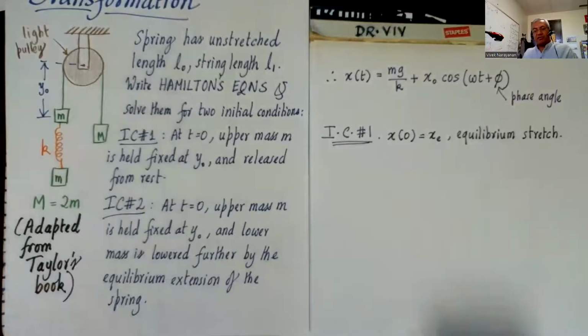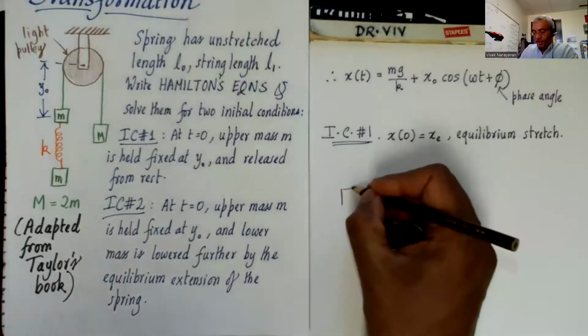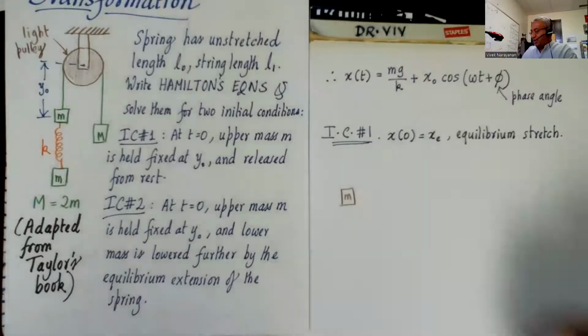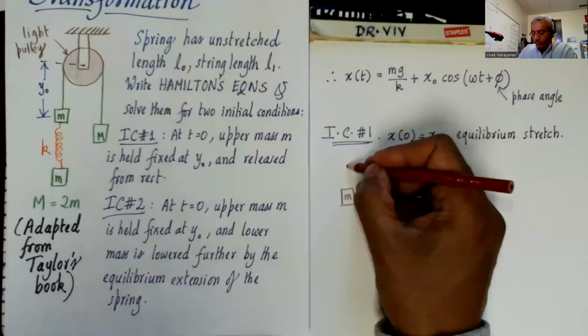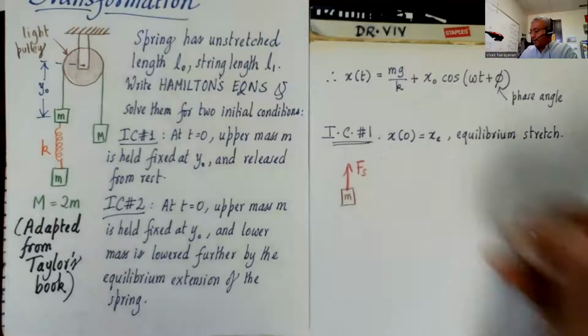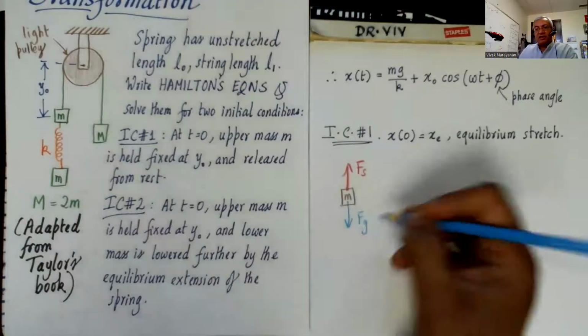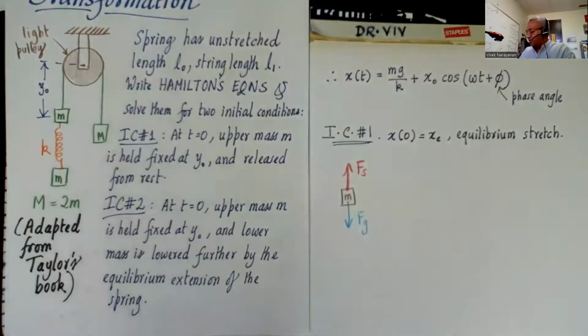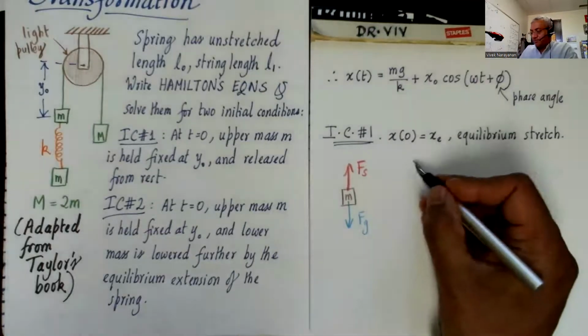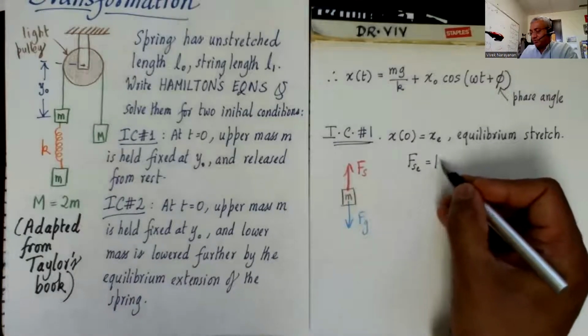Now, how do you find the equilibrium stretch? Under conditions of equilibrium, let's draw a little free body diagram for the mass m. Under conditions of equilibrium, the spring force, F sub s, will be exactly equal to the force of gravity, F sub g. That's what equilibrium even means. So let's impose that. F sub s at equilibrium equals F sub g.